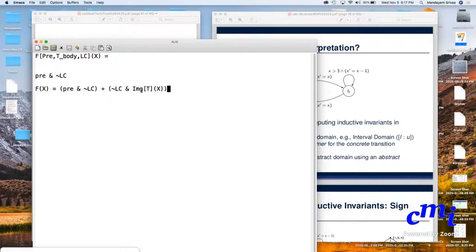If in T body I had, if LC do this, else keep it the same, then I don't need this, okay? Since now I'm computing the image over those states in which it would have exited as well as not exited, I have to do LC actually on X, okay? Yeah, that's what I'm saying.